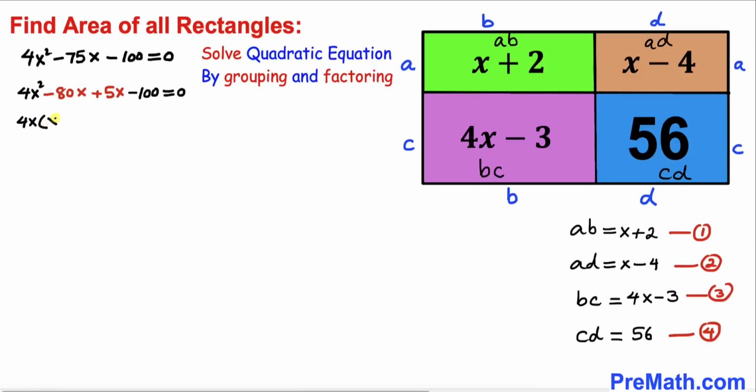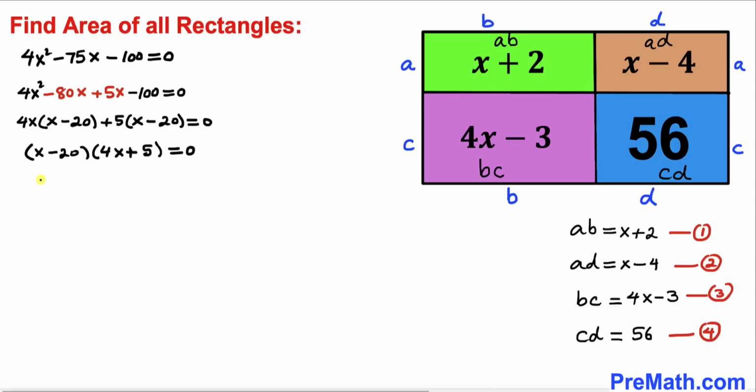We ended up with x minus 20, and here I'm going to factor out 5. We got x minus 20 equal to 0. And now we can see x minus 20 is in common. So we can write x minus 20 times 4x plus 5 equal to 0.